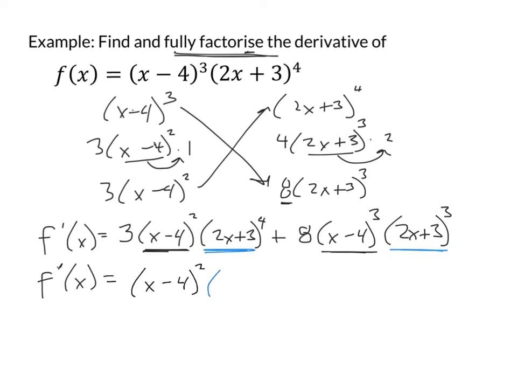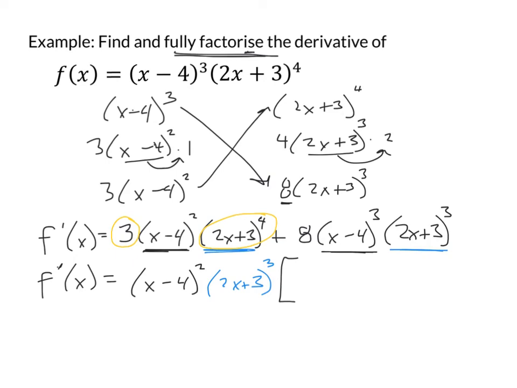And then from the other things, these 2x plus 3's, the first term had 4 of those factors. This one has 3 of those factors. So in terms of what they have in common, they have 3 of those factors, so I can factor out 3 of them. Now, when I factor all of that out, what's left behind? If we go back and look at this first term here, this first term still has the 3, and it still has one of these guys.